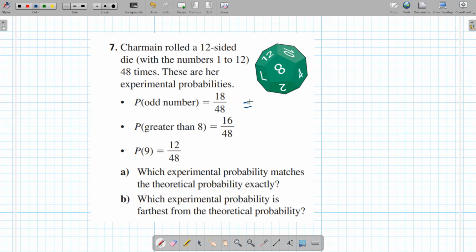How many odd numbers are there between 1 and 12? 6. Is 6 out of 12 the exact same thing as 18 out of 48? Are they the same thing? Reduced?